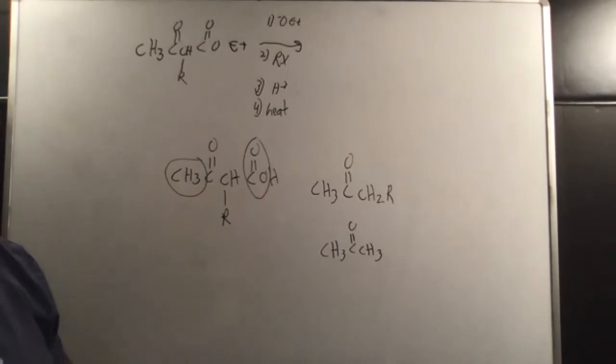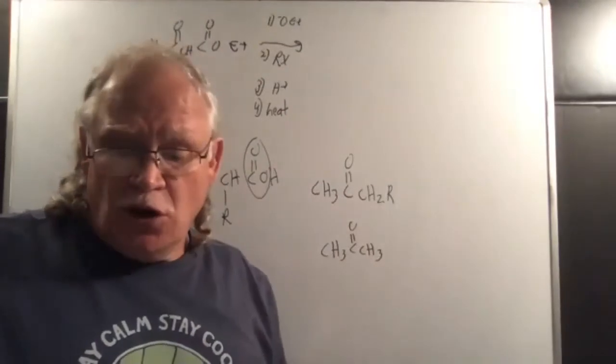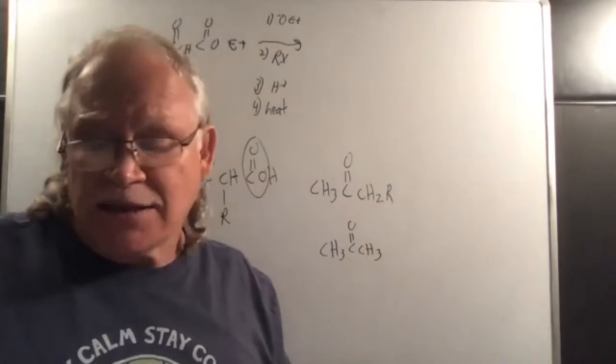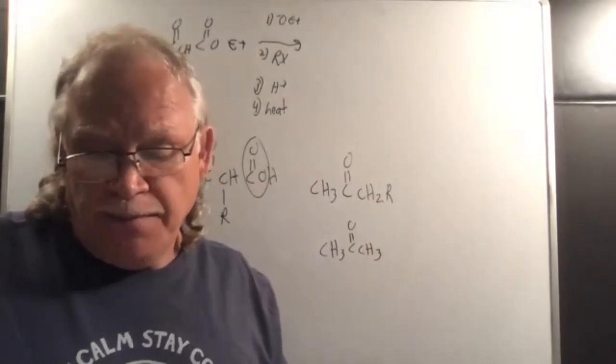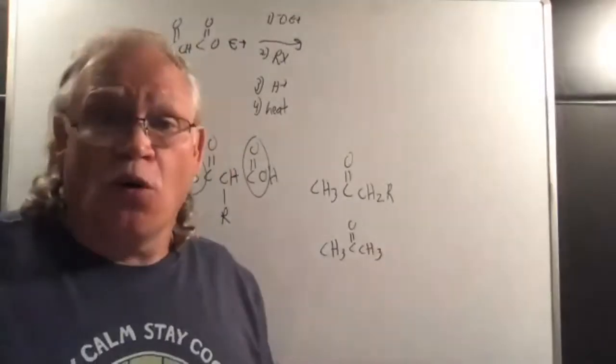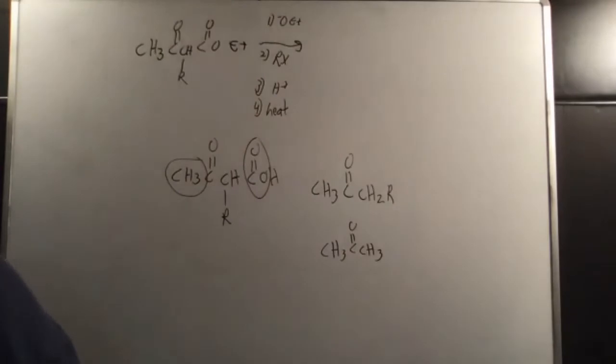Okay? So again, we're either going to get an alpha substituted or an alpha-alpha disubstituted acetone. Very, very straightforward. So again, you're going to see one of those 2 reactions on the test.